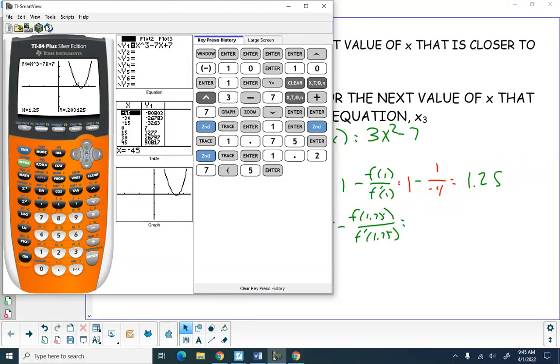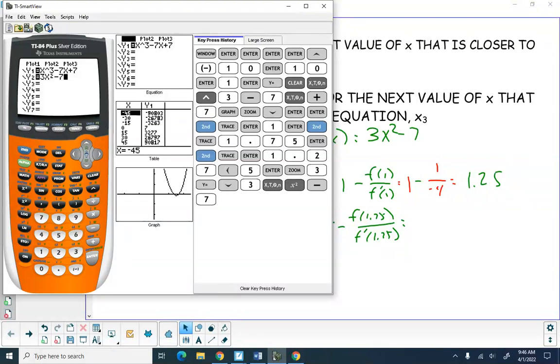So let's make life easy on ourselves. I'm going to zoom this back out, and let's type into our y2 our derivative. So we have 3x squared minus 7. So we have these two functions in here.